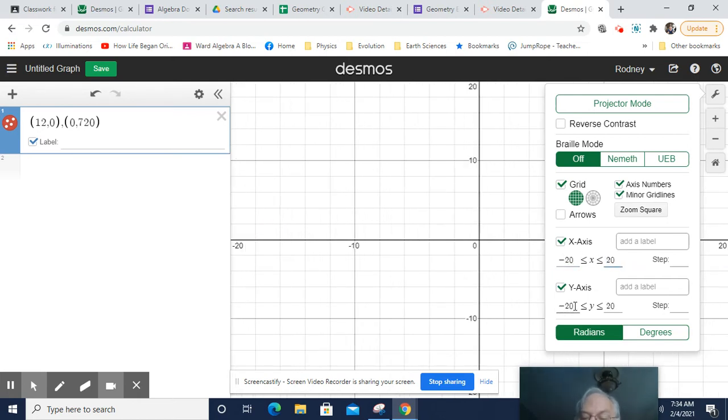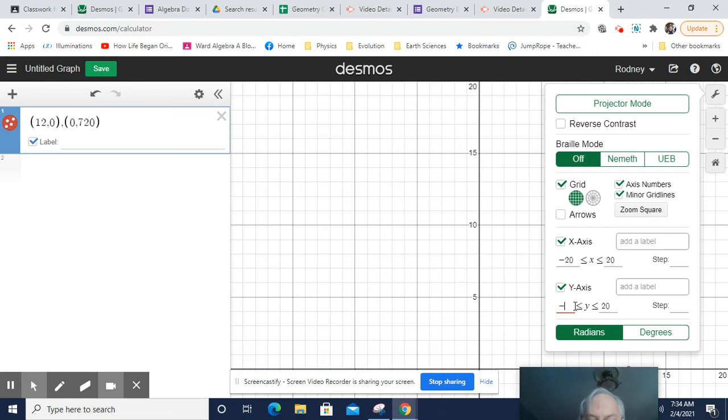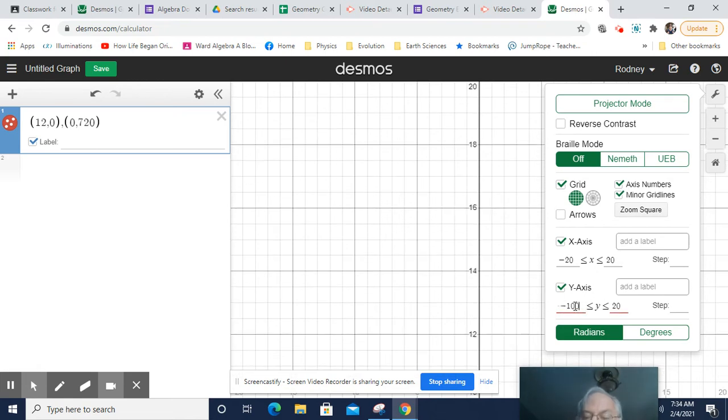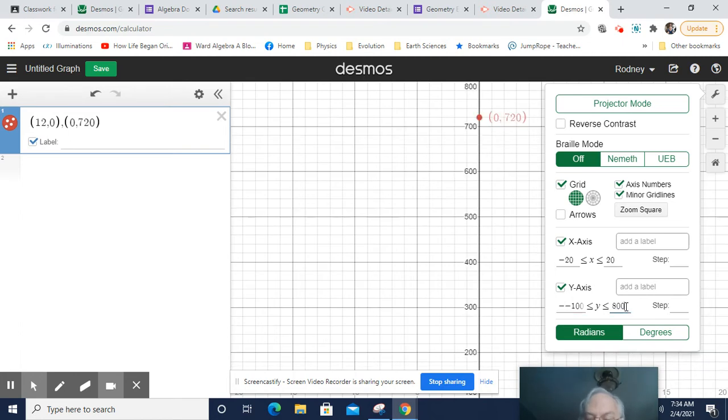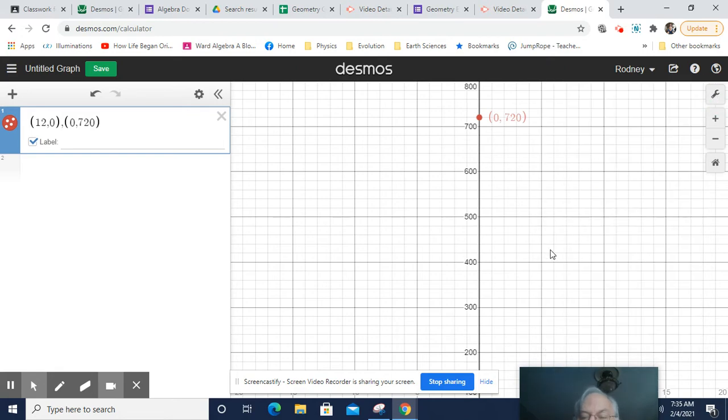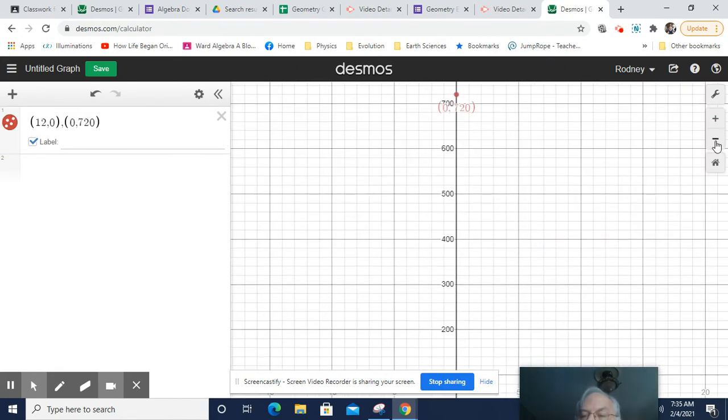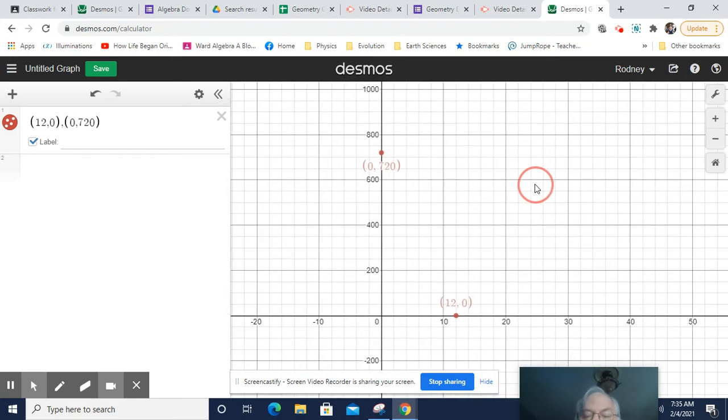There we go, that's better. And my y-axis, negative 100, we'll make it to 800, and that'll get us everything we need. I'll have to zoom out just a hair. There we go, that's a little more reasonable. See, I've stretched out my x-axis and squeezed my y-axis.